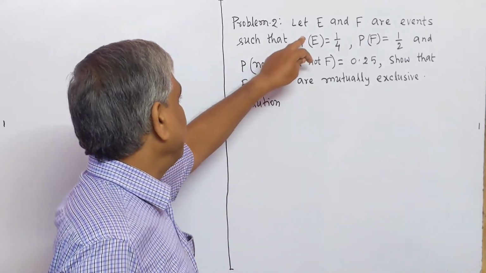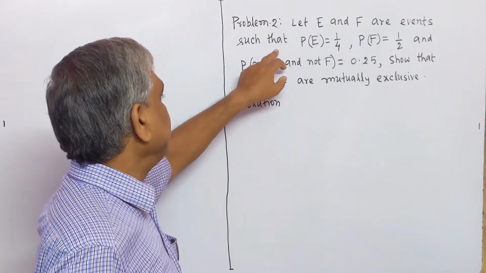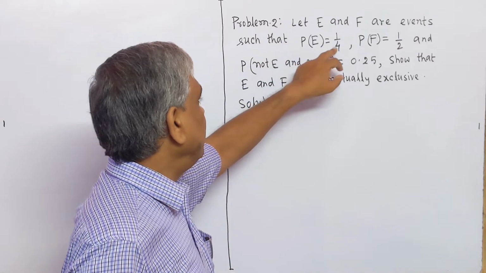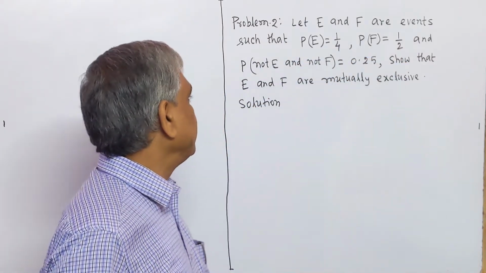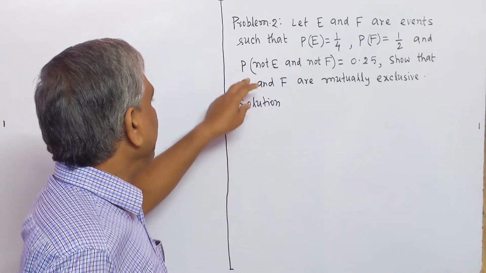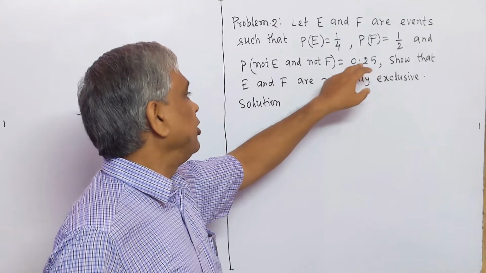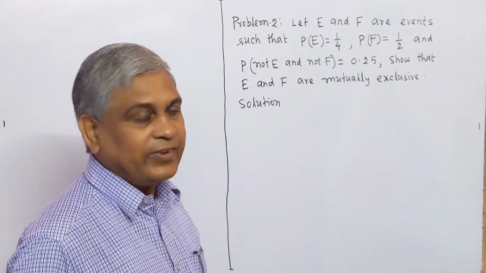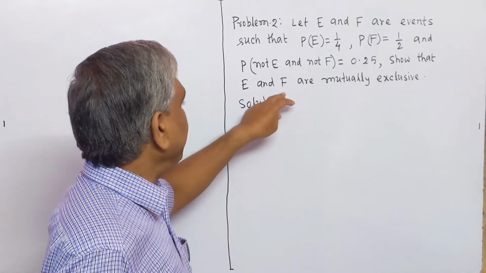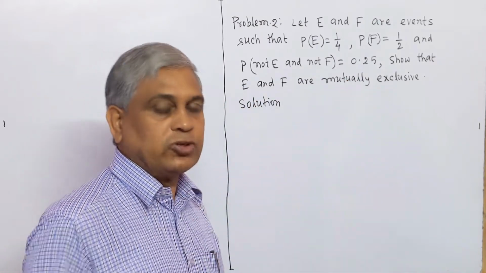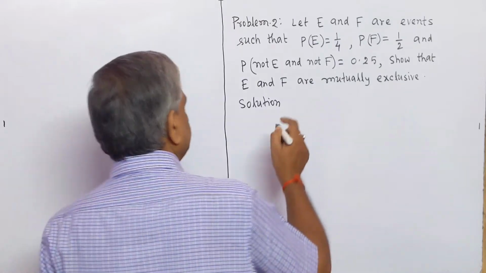Next problem is, let E and F are events such that probability of E equal to 1 by 4, probability of F equal to 1 by 2, and probability of not E and not F equal to 0.25, show that events E and F are mutually exclusive. Now we solve this. Solution.